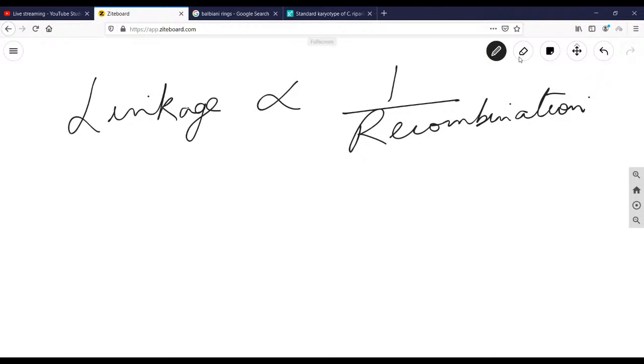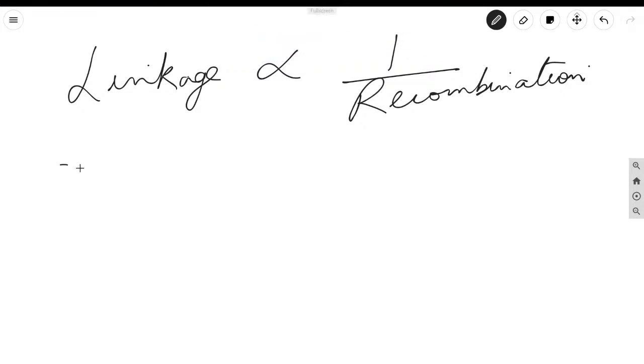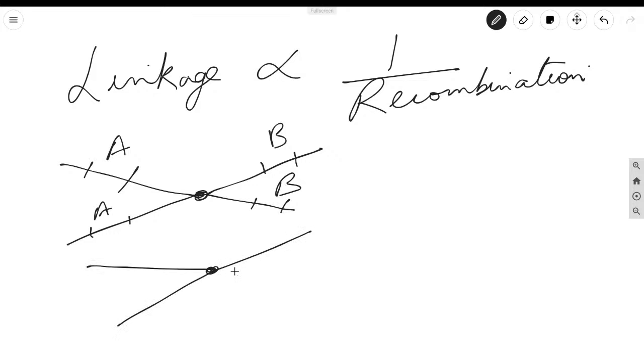So if you have two genes on two chromosomes like this, if they are close by, and if they are far apart, then their recombination frequency will increase. So that is what has happened here.